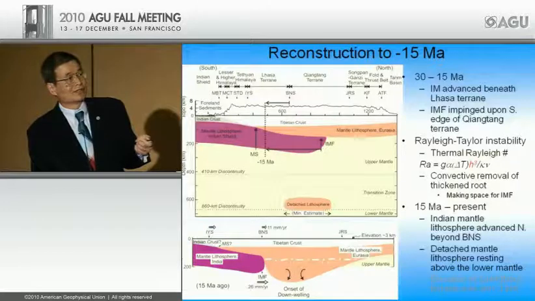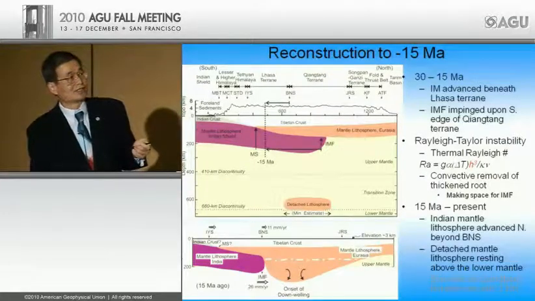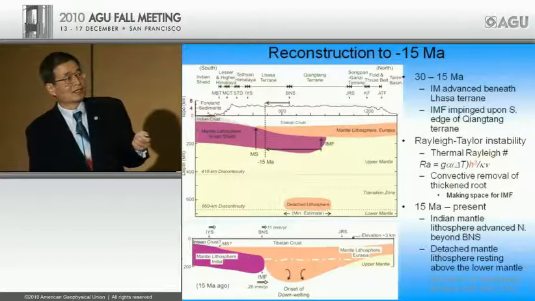It has several terms: gravitational acceleration, g, thermal expansion, alpha, delta T is the temperature difference across the boundary layer. h is the thickness of the boundary layer. Kappa is thermal diffusivity. Mu is kinematic viscosity. All these are linear terms except the thickness, which goes to the third power. So if you thicken lithosphere, it becomes very, very unstable, and it will drop off.